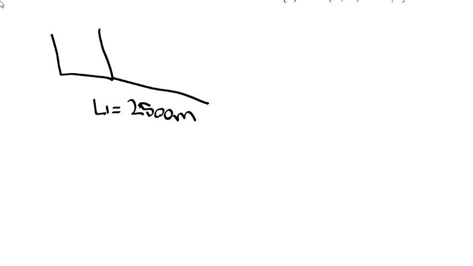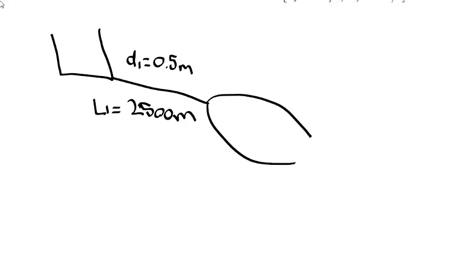Then our second part would be the diameter. That's also information that we need to place on the figure. So we know that D1, our internal diameter here, will be 0.5 meters, and it splits into two pipes, each 2 kilometers long, so 2,000 meters.